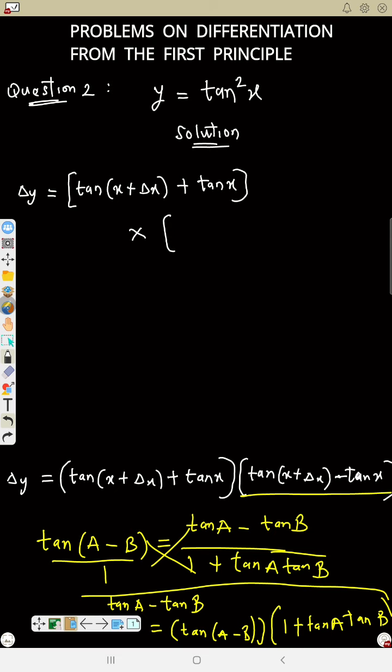tan a minus b, because a is x plus dx, b is x, so that will be tan x plus dx minus x, bracket, 1 plus tan x plus dx tan x.